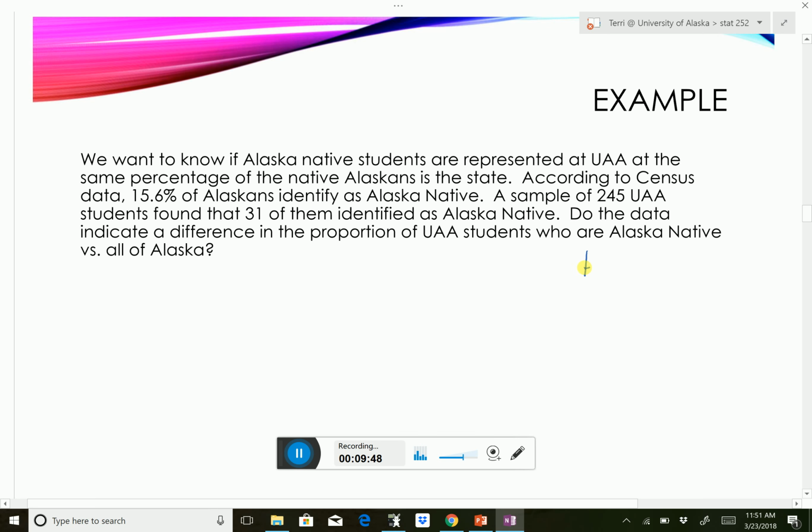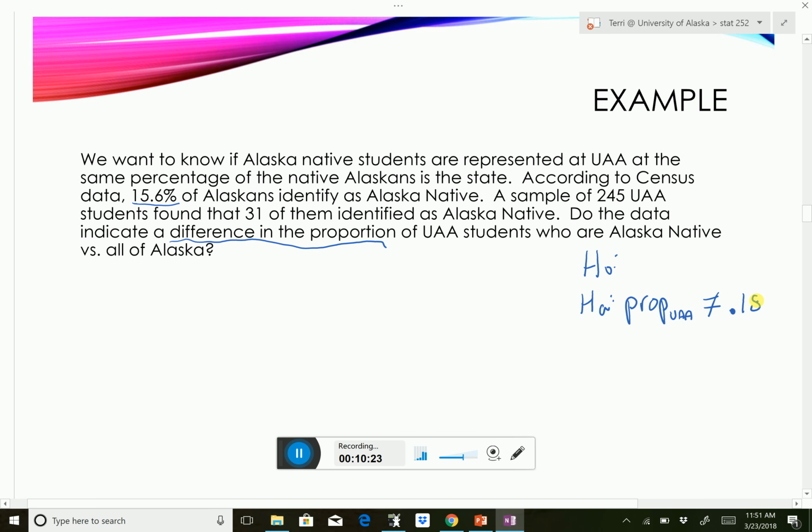Step 1 is always to set up our null and alternative hypotheses. The question being asked is a difference in the proportion. Is the proportion at UAA different from all of Alaska, which is 0.156?